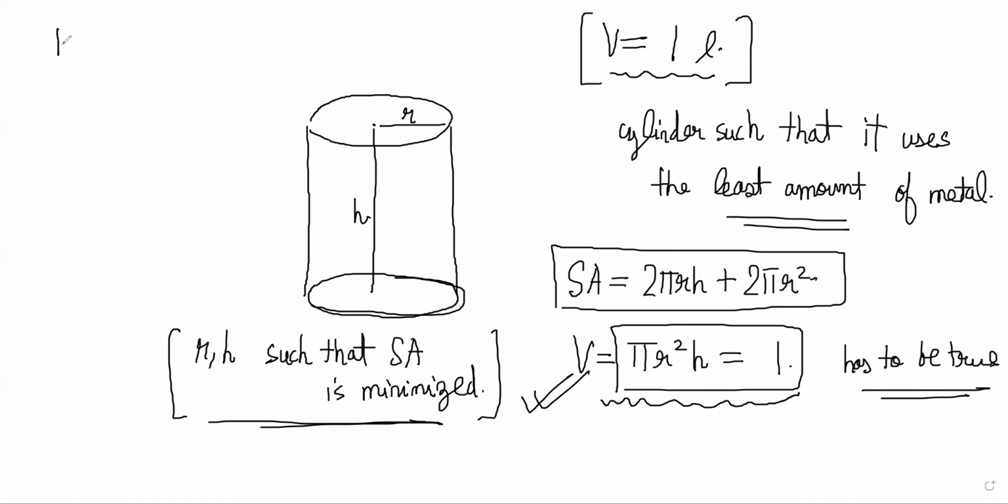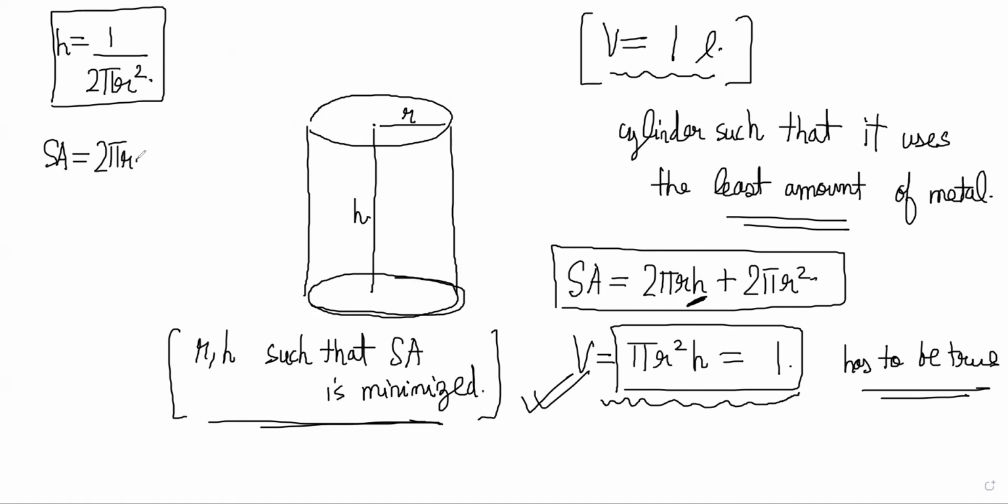So one thing you can do is h can be written as 1 by pi r square, right? And in the surface area, instead of h, I can put that, right? 2 pi r into, instead of h, I will put 1 by pi r square.